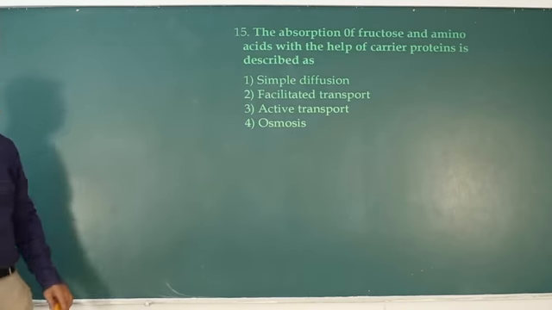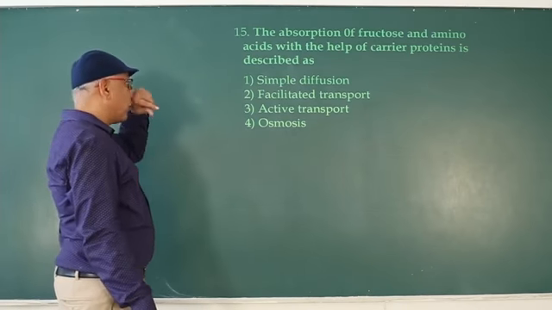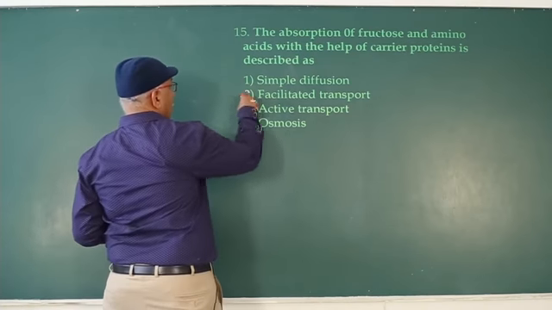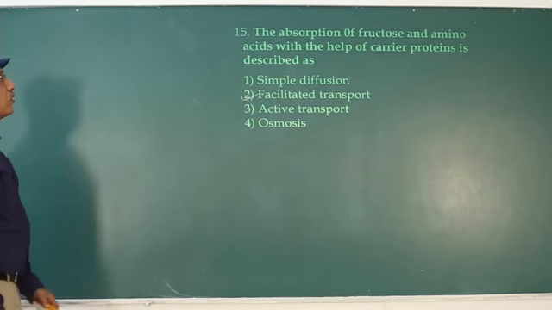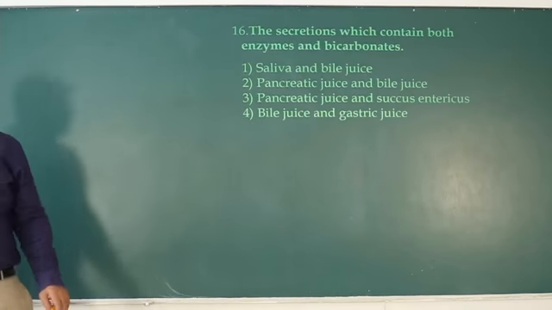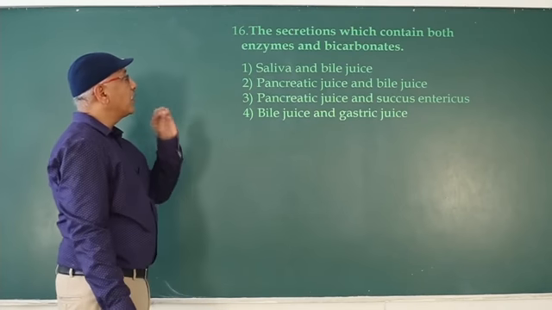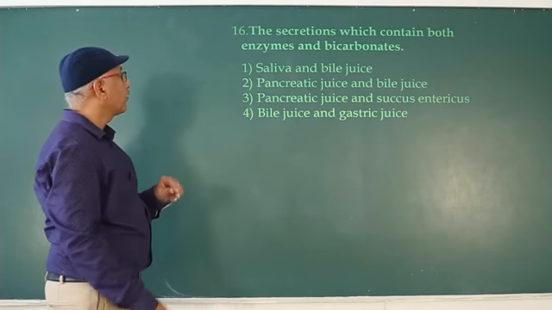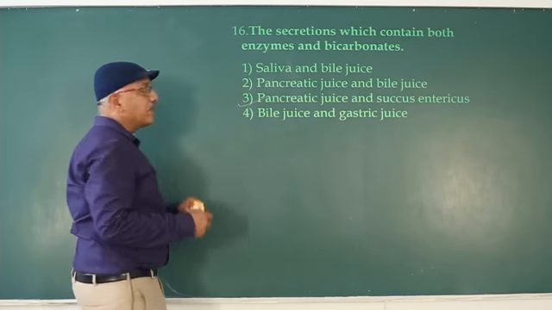Next question. The absorption of fructose and amino acid with the help of carrier protein is described as facilitative transport. The secretion which contains both enzymes and bicarbonate: pancreatic juice and succus entericus.